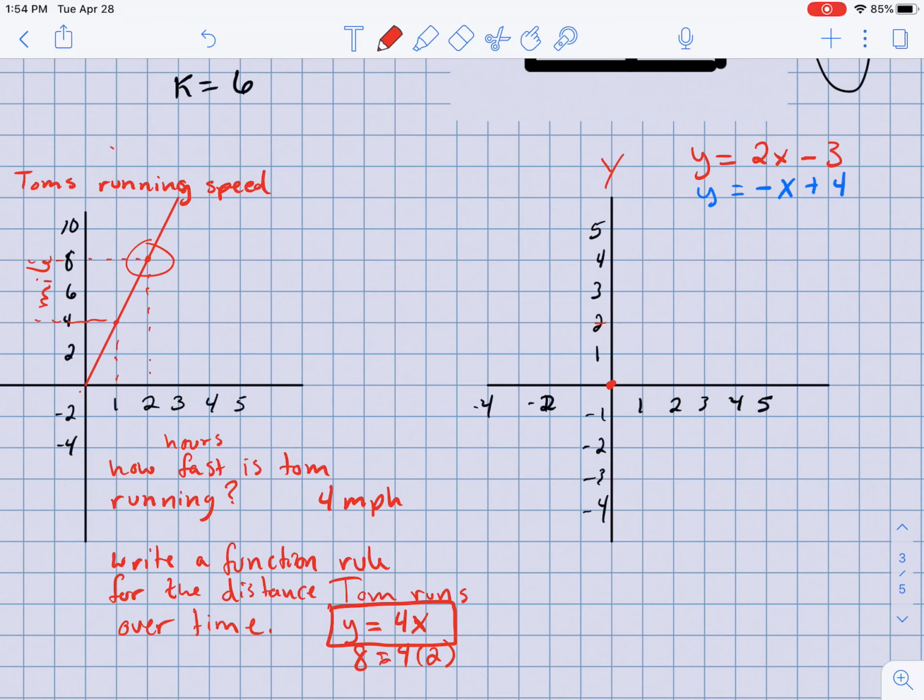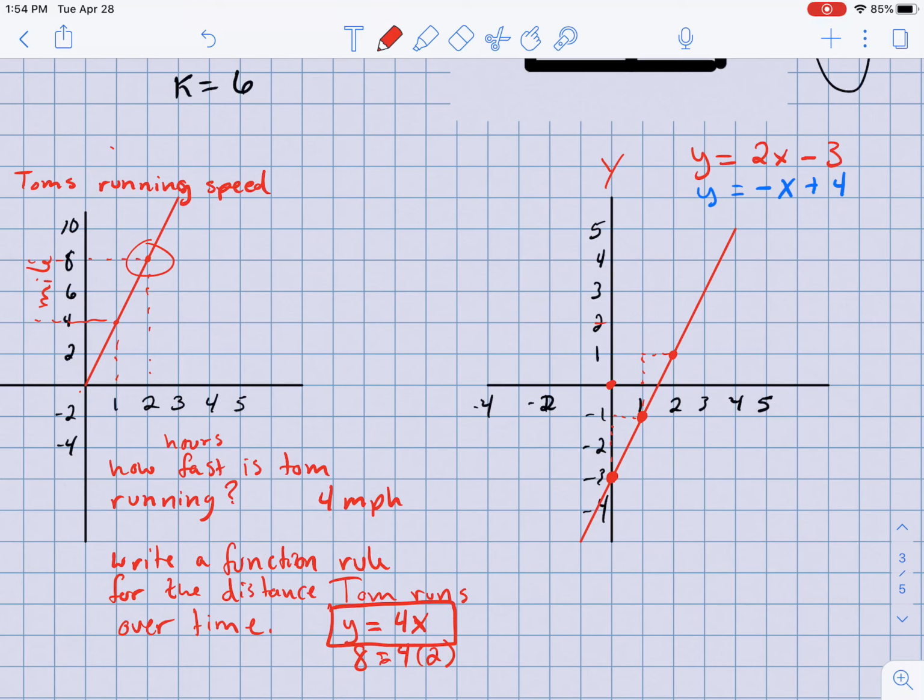The minus 3 tells us it's going to pass through the y-axis, the vertical axis, at negative 3. And the 2x tells us it's going to go up 2 over 1. For every unit we move to the right 1, we go up 2. And then you can just connect those.